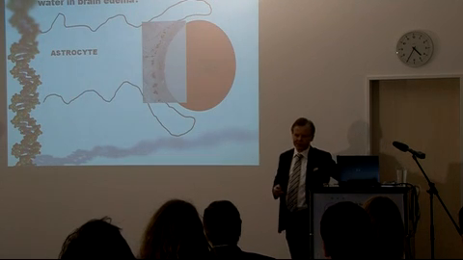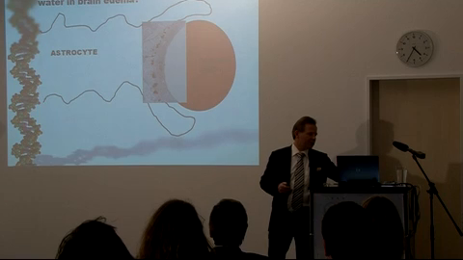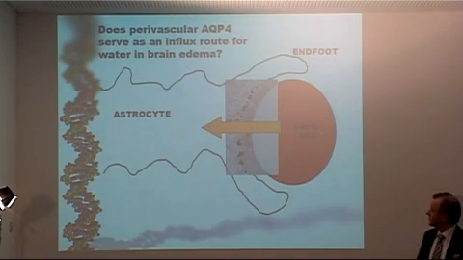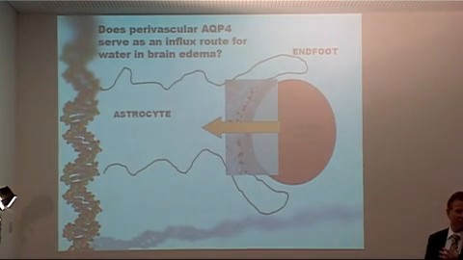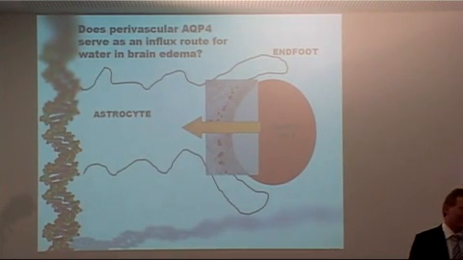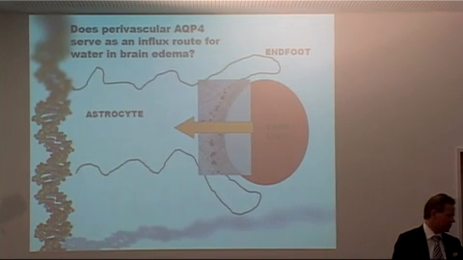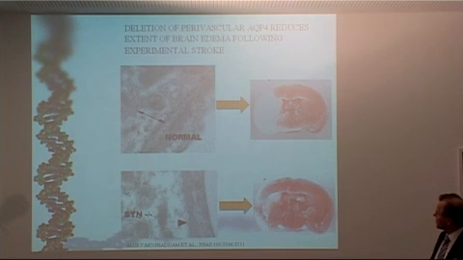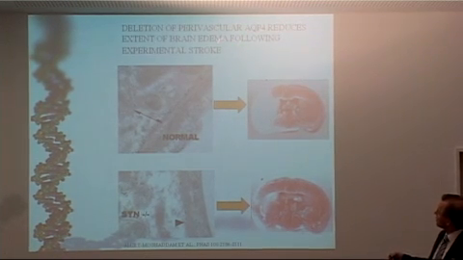So, armed with this particular model, we could address this very simple hypothesis that this pool of Aquaporin 4 is of importance for letting water into the brain when an edema is being formed. So the crucial experiment, it was published quite some time ago now, was this one, the MCAO model.